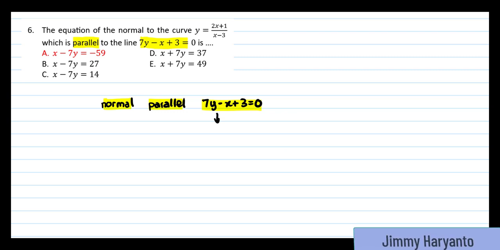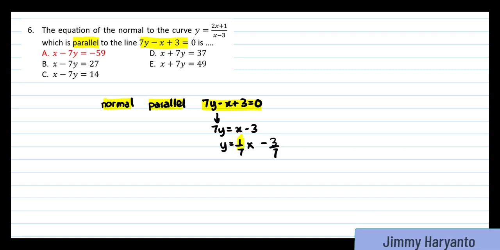I want to make it into y equals, so 7y equals x minus 3. You move the negative x to the right hand side, and also the plus 3 to the right hand side. And also you move the 7, you will have 1 over 7x minus 3 over 7.